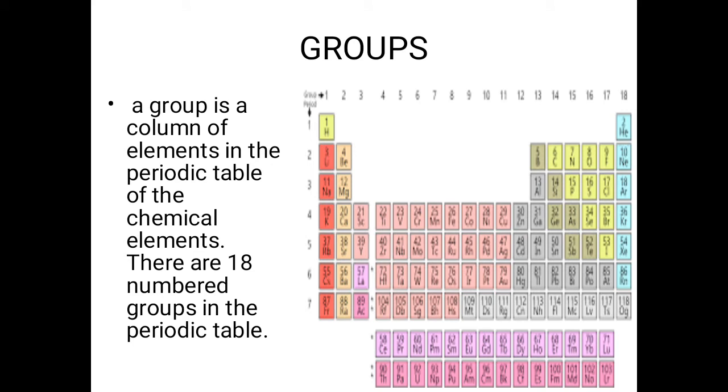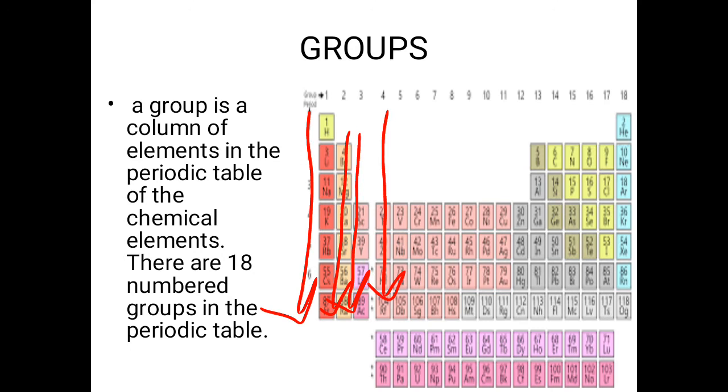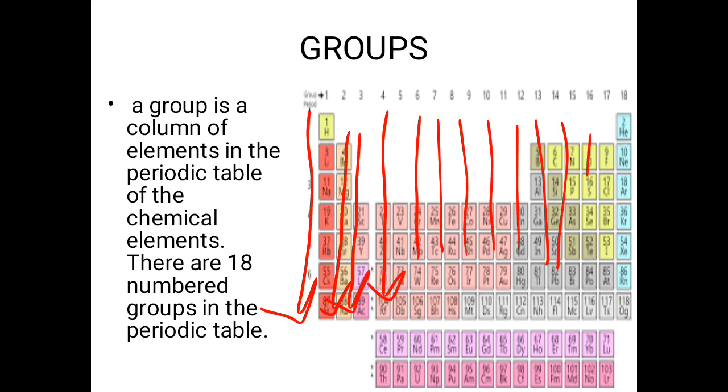Next is groups. Groups are the vertical columns in the periodic table. One column, second column, third column, fourth column, and doing the same counting, I will be able to count 18 columns. So there are 18 vertical columns or groups in the periodic table.